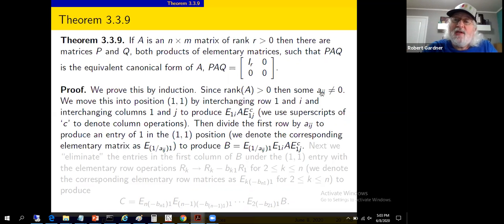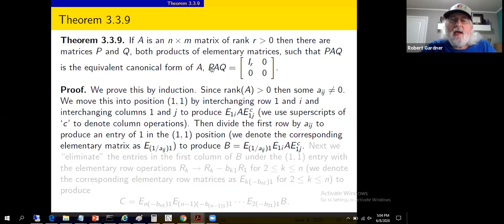We brought this up to the first row, but it's still in the jth column. And then interchange column 1 and column J. So we've taken the A sub ij, moved it up to the first row, and then moved it over to the first column in two steps. One of those is a row operation. One of them is a column operation.